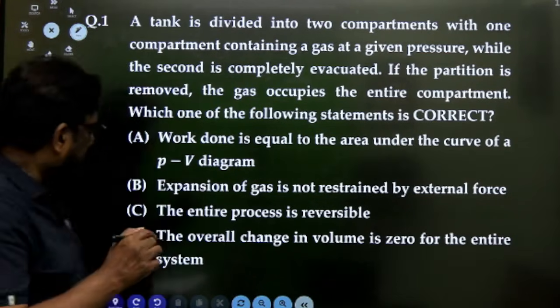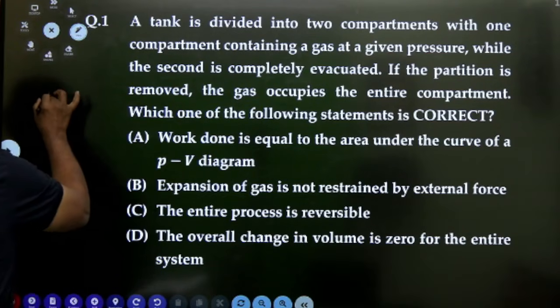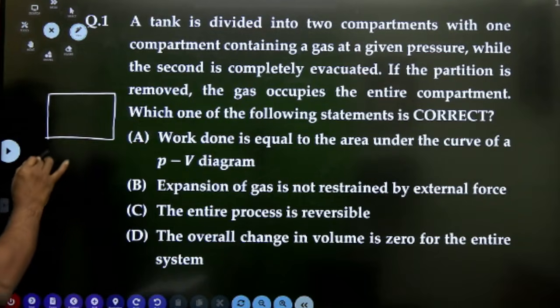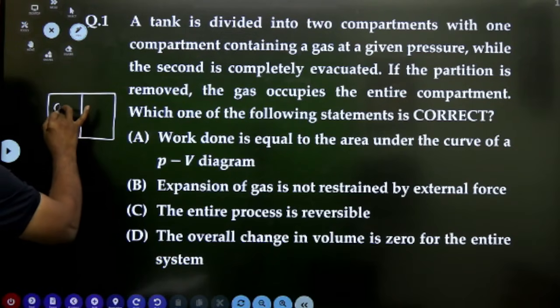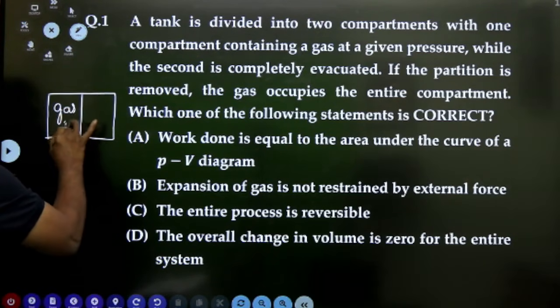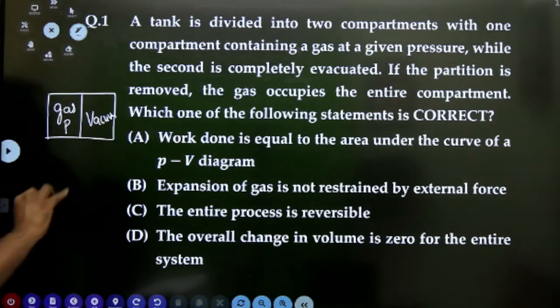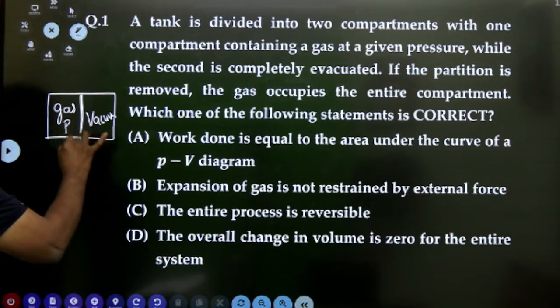Very good. Now, actually, it is like this, my dear students. There is a container, and it is divided into two parts. On one side there is a gas at a pressure P, and on the other side it is vacuum. Now, if I remove this partition, what will happen?